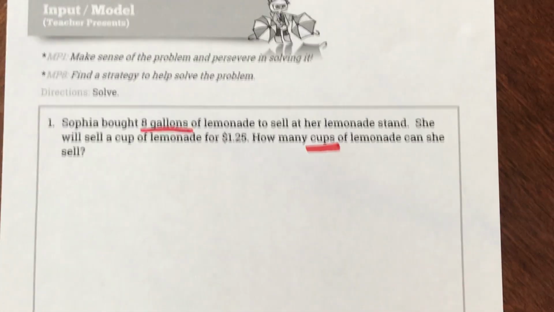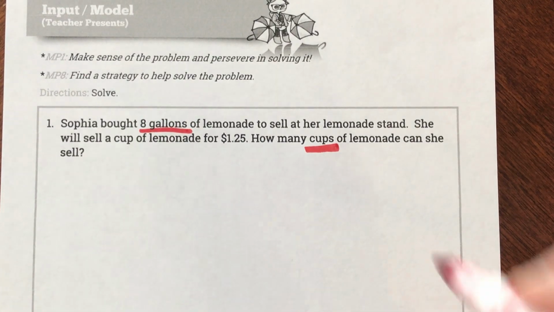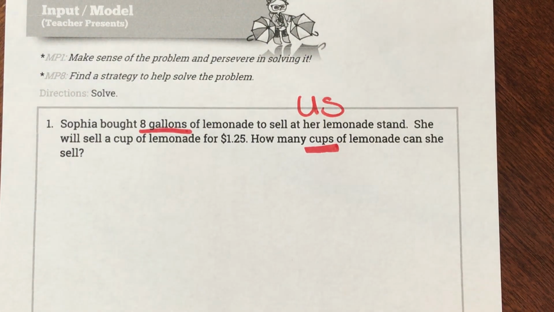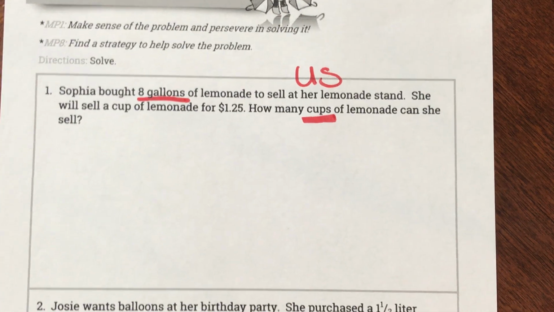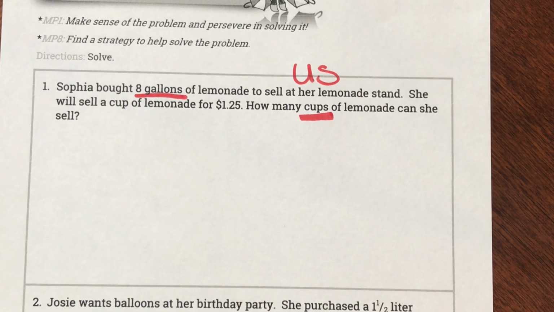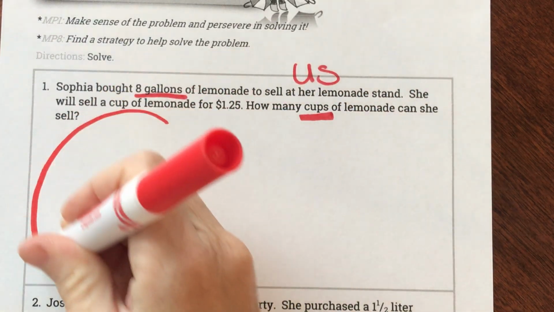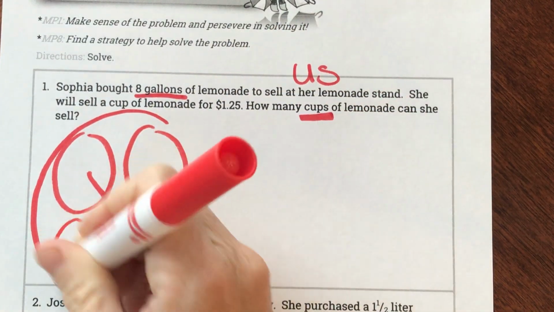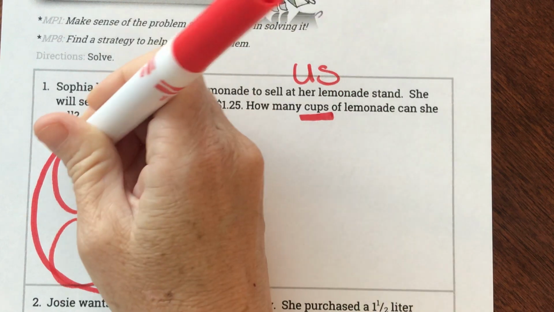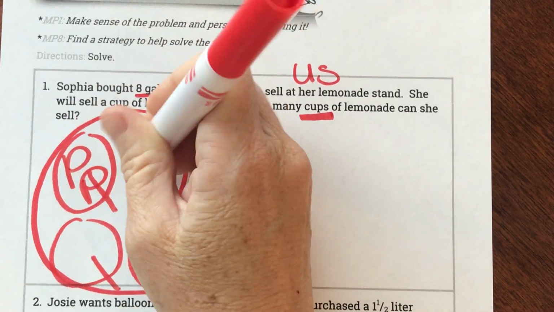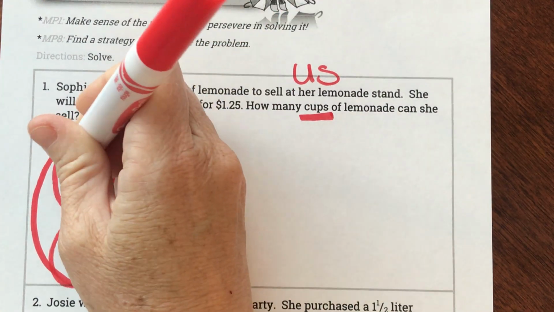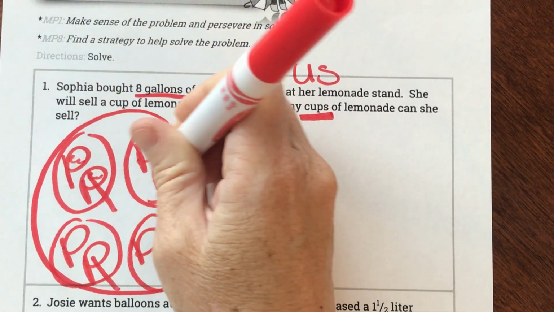So my measurements are gallons and cups, which are part of our US system. So since it's my US system, I'm going to be using gallon man has 4 queens, each with 2 princesses, each with 2 cats.